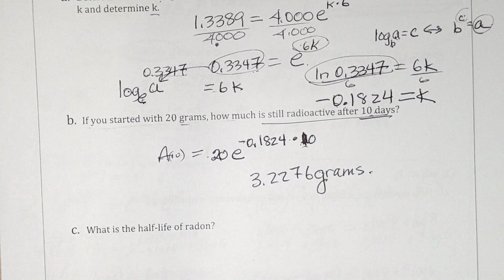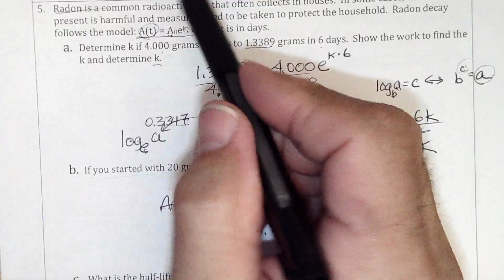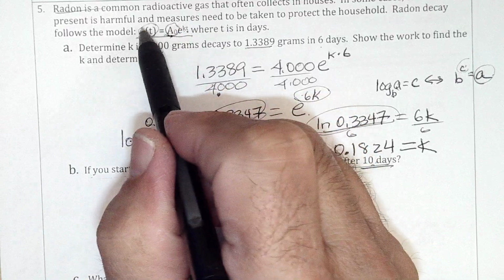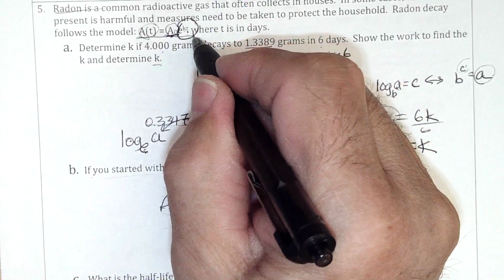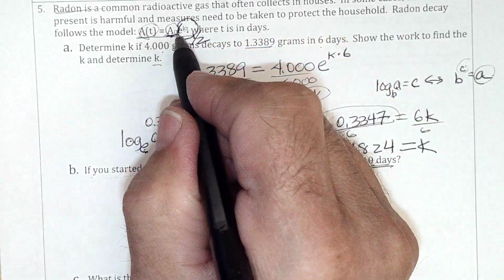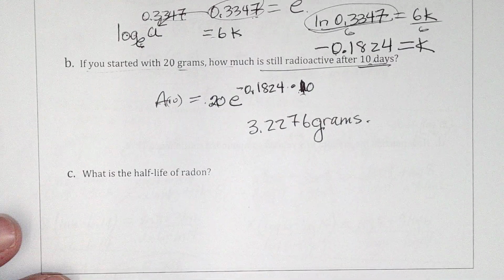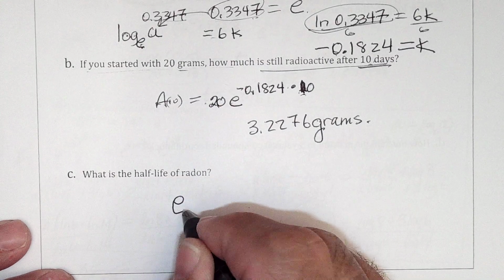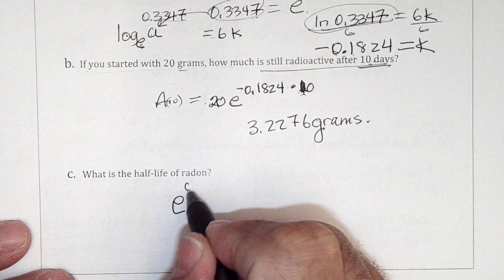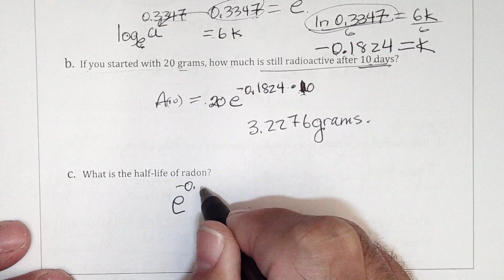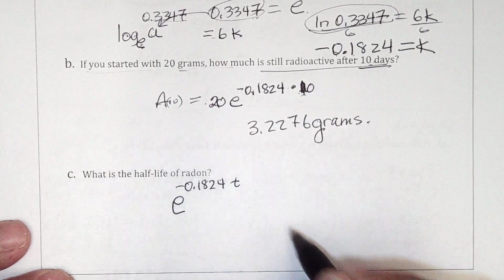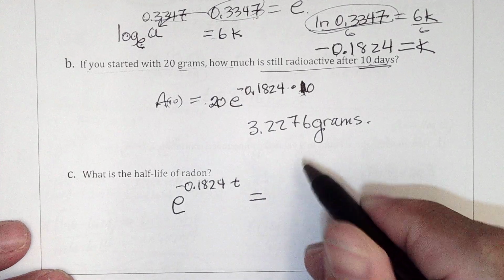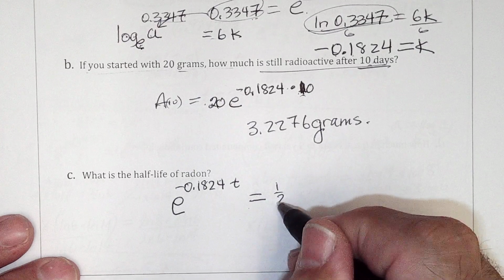Now I want to find out, how long does it take to go to half? If I'm starting with any amount, it doesn't matter. If I want to have half as much left, I have to take the starting amount times a half. So e to the KT has to be a half to know the half-life. e to the negative 0.1824 times T has to be 1/2.